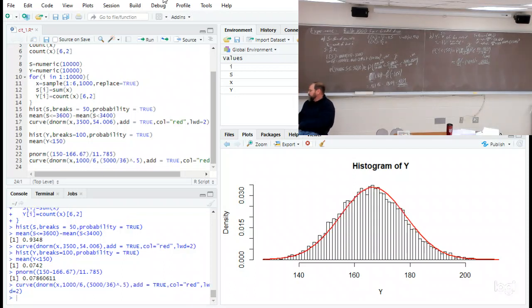Notice, if you look at it carefully, the normal distribution doesn't quite fit as well. But my original random variable started out a little more skewed than it did the first time. It fits pretty well, but notice things are skewed a little bit to the left. The values on the left are a little bit higher for my actual random variable as opposed to the normal, and the things on the right are lower.